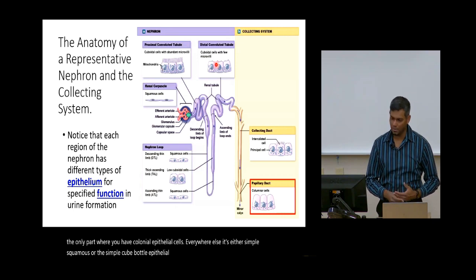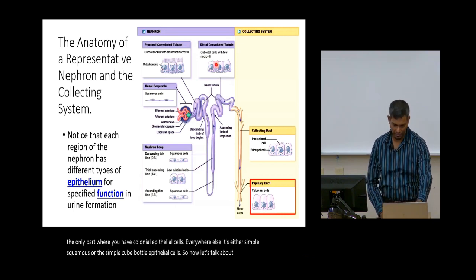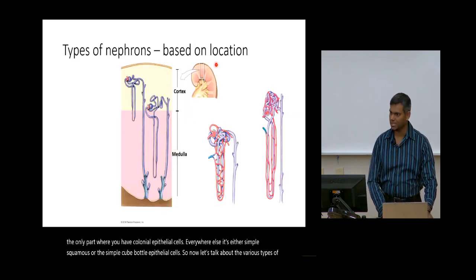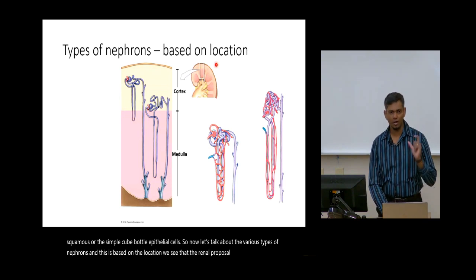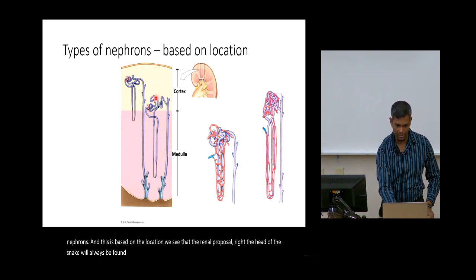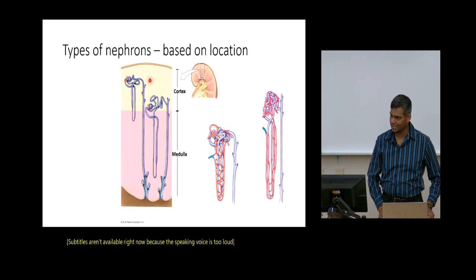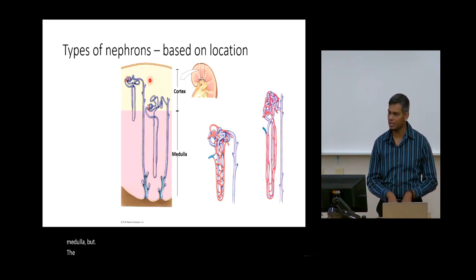So now let's talk about the various types of nephrons, and this is based on the location. We see that the renal corpuscle, the head of the snake, will always be found only in the cortex, and the tail can stick into the medulla, but the renal corpuscle will be found only in the cortex.